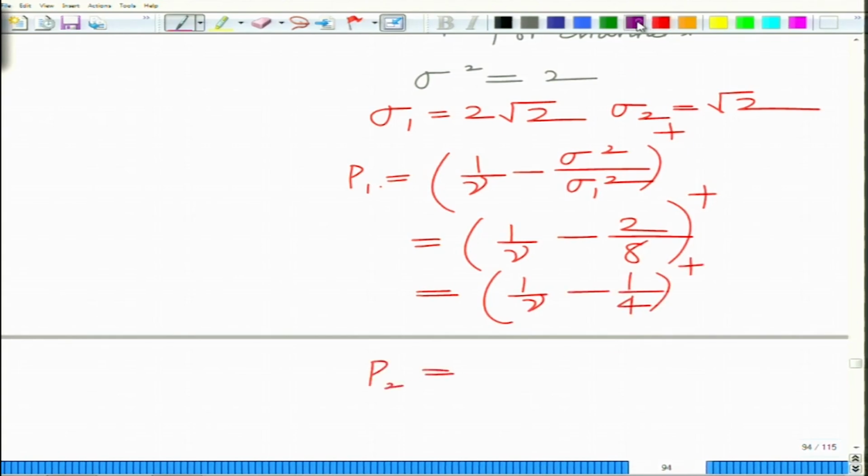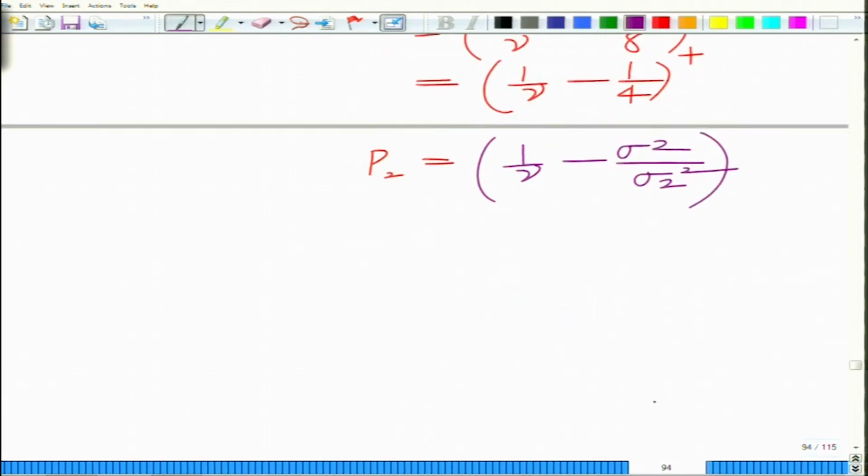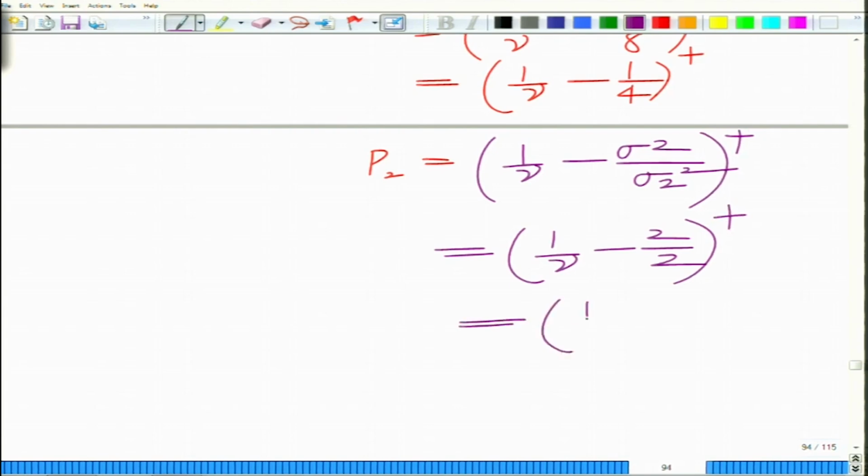Similarly, P2 equals 1 over nu minus sigma square by sigma 2 square, which equals 1 over nu minus 2 divided by 2. Of course, there is always this function plus, which is 1 over nu minus 1. Okay.